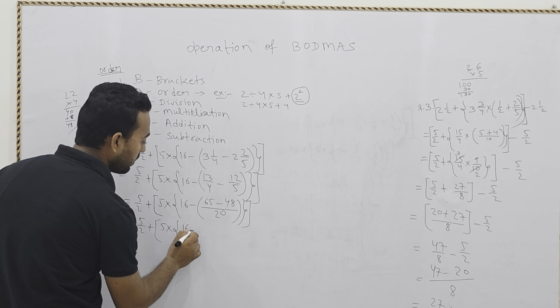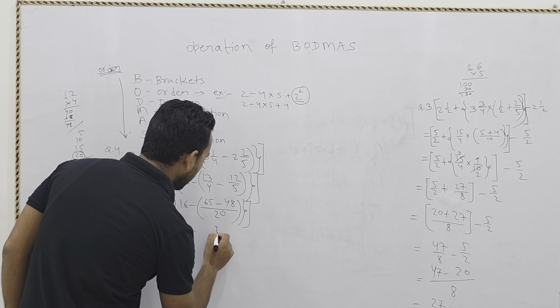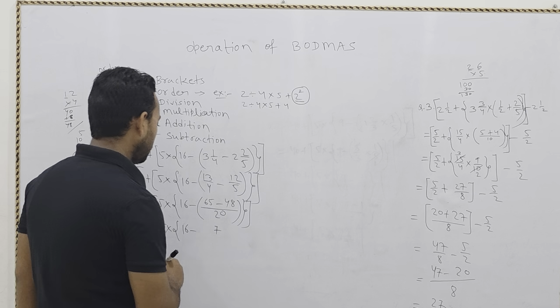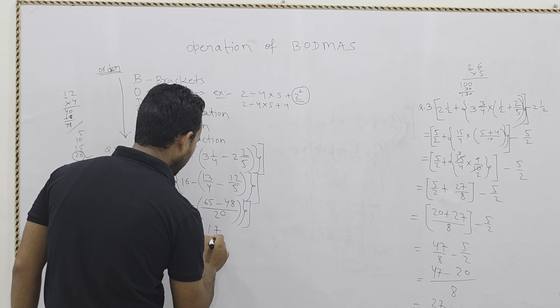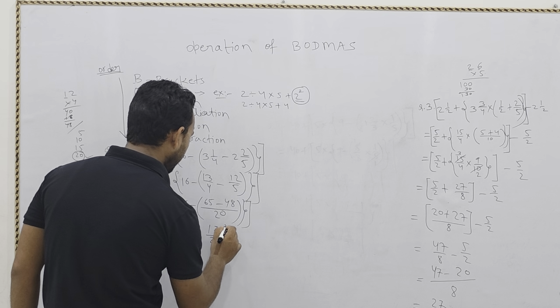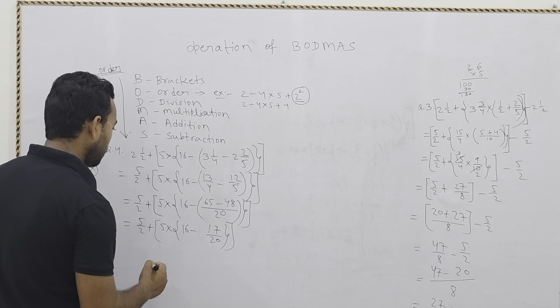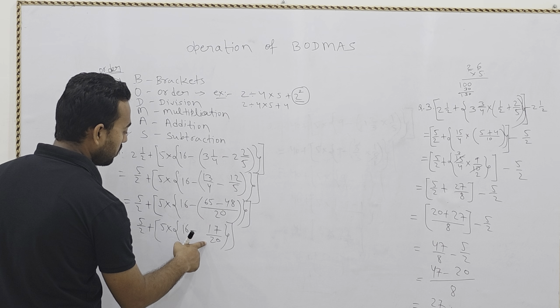Curly bracket, 16 minus. Now here we will subtract. What we will get here, 7, and 1 we will give that side. Then 5 1 by 20. Here one bracket is cancelled out. So after subtracting, we will get 17 by 20.